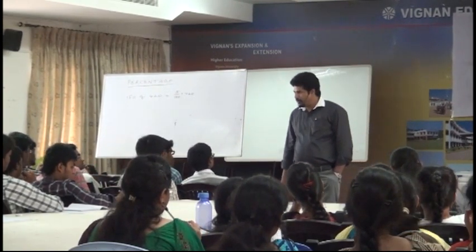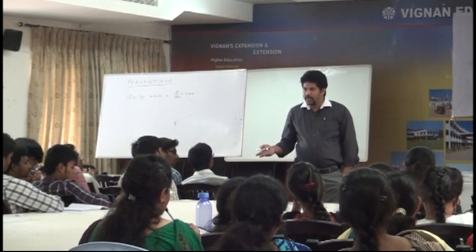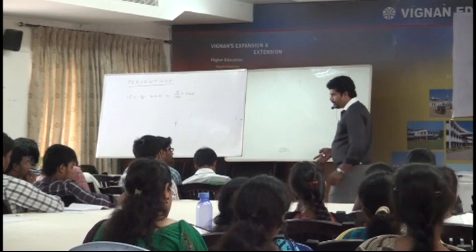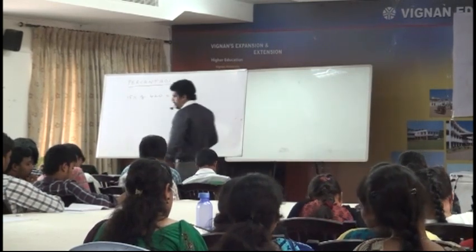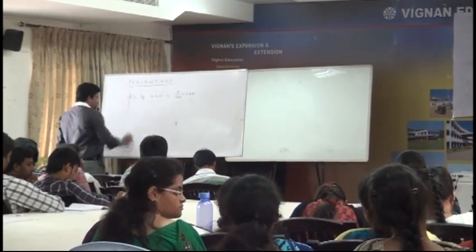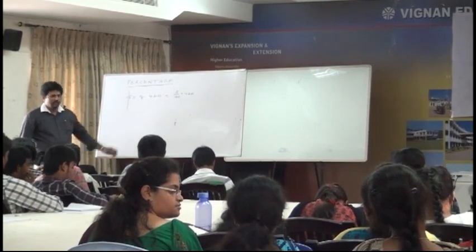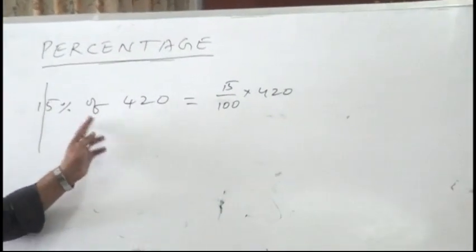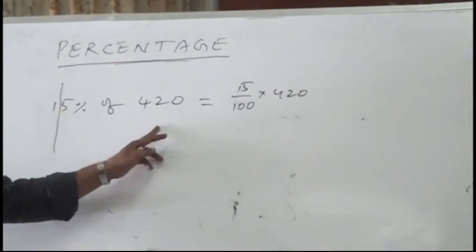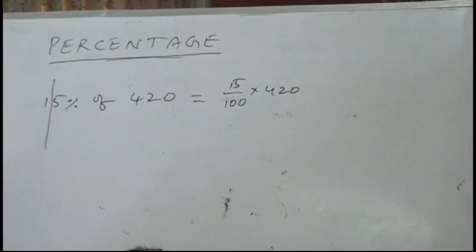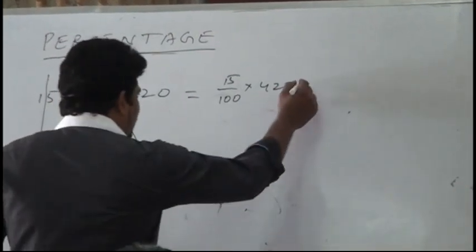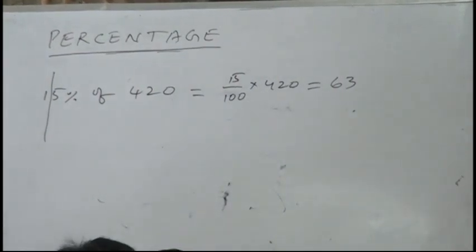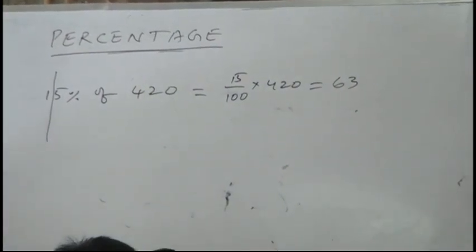Are you getting my point? Sometimes you can calculate easily, break up and calculate. I repeat one more time. 10% of 420 is 42. 5% is 42 plus 21, half of that. As simple as that. You want to try? Shall I give you one more example? Will you try?